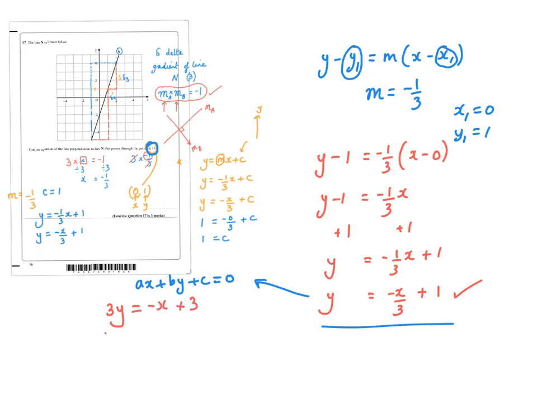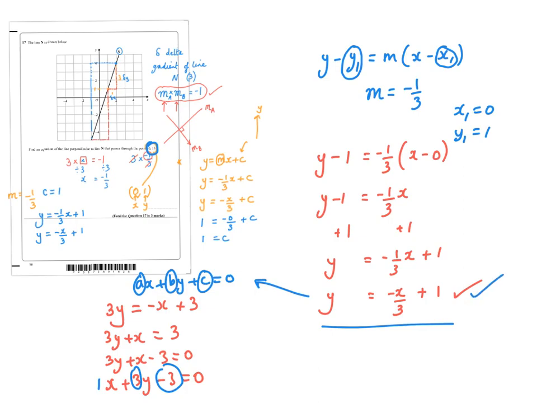We could then add x to both sides, take away 3 from both sides, and move the x's to the front, and that would be our answer, where a was 1 in this case, b was 3, and c was -3. So x plus 3y minus 3 equals 0 is exactly the same as this.